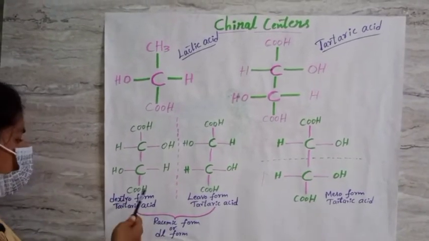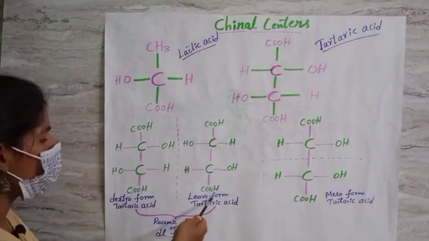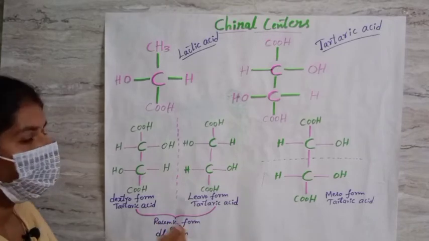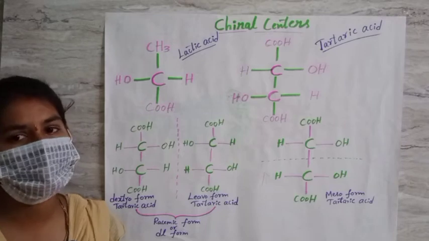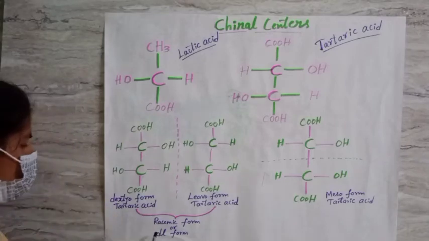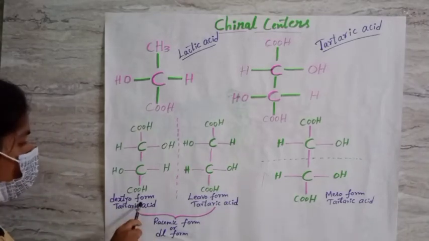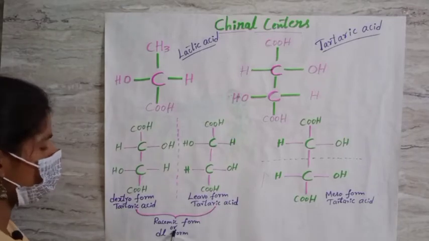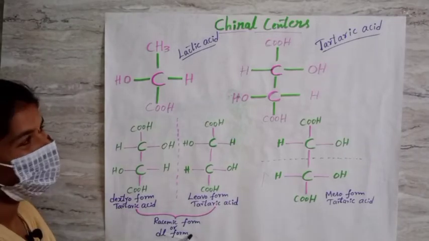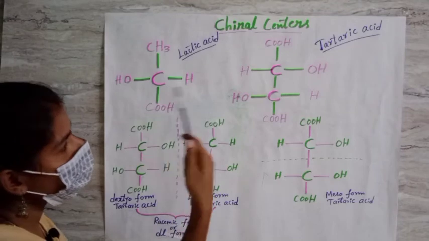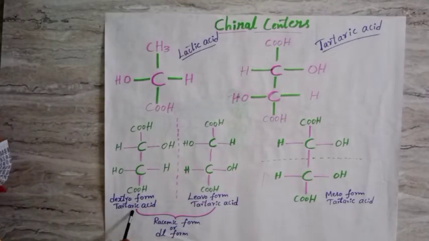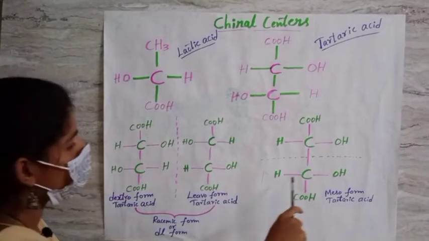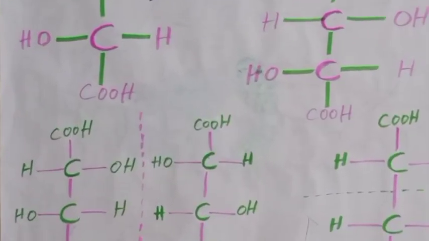As we know, the dextro and levo forms of tartaric acid are enantiomers. That means one is exactly the mirror image of the other. In this racemic mixture, the combination of dextro and levo together forms the racemic form. So in this way, tartaric acid activity can be explained in 4 different forms: dextro form, levo form, meso form, as well as racemic form.